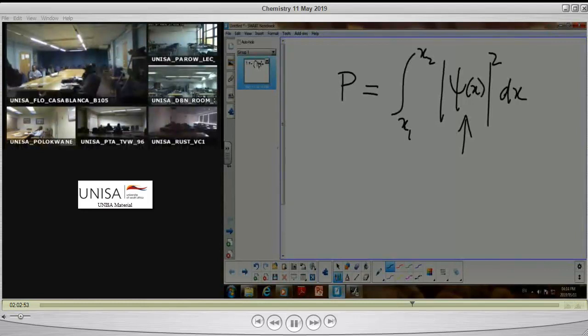So we want to be looking at the probability of finding the particle, only a one-dimensional particle, from within this range.